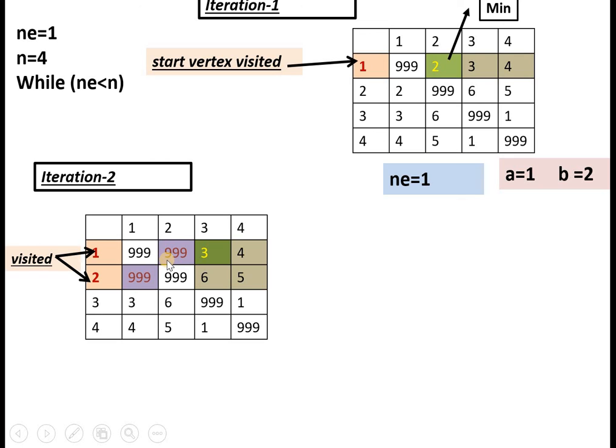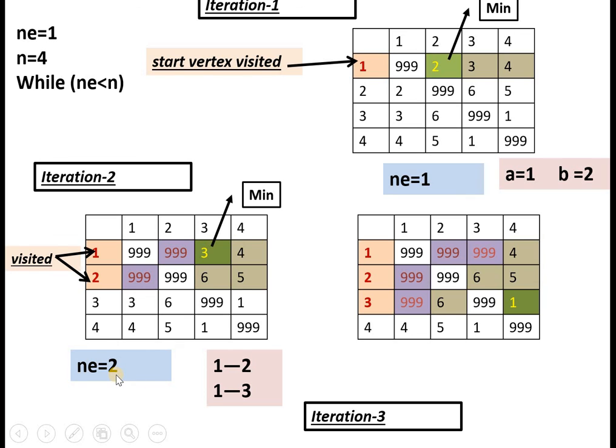So you make (1, 2) infinity, and similarly (2, 1) infinity. Now you have to choose the minimum edge from the remaining values. The 3 is the next minimum. So edge (1, 3) is inserted by this iteration, and (1, 2) was added by iteration 1. The number of edges becomes 2.